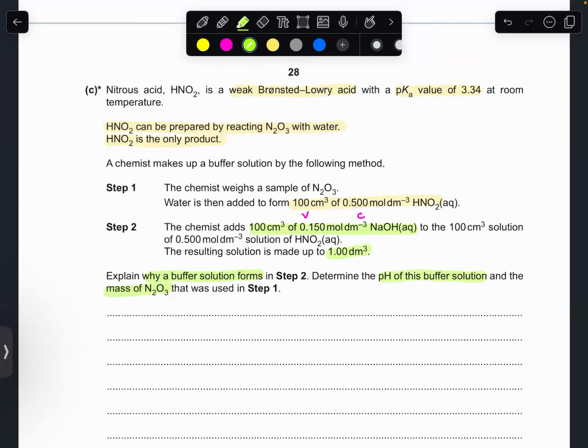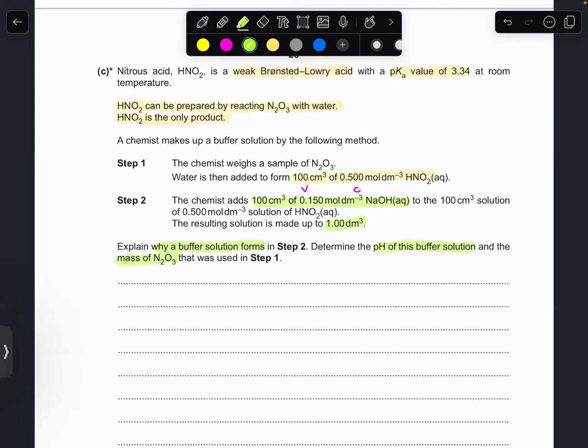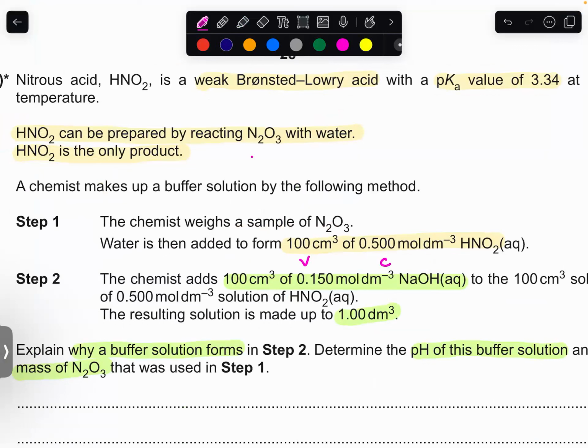You see, when we're using a buffer solution, there's a few things here. We're going to flip-flop. So we may look at the beginning and the end, and then the middle in no particular order. You see, just looking over here, you've got N2O3. If that's reacting with water, that gives you HNO2.